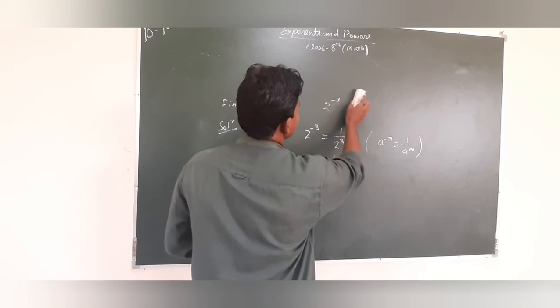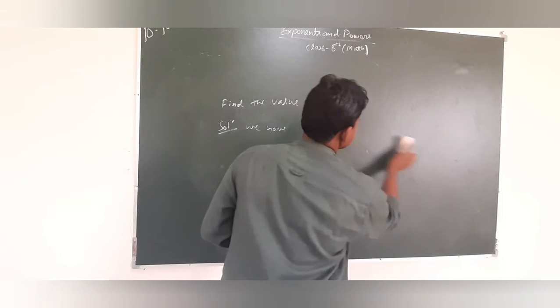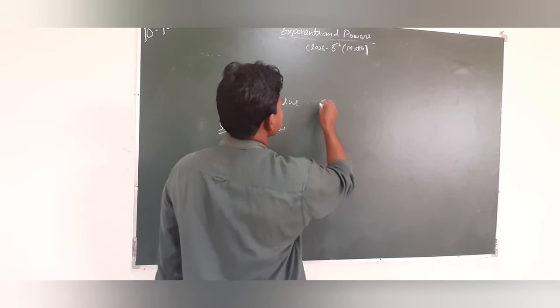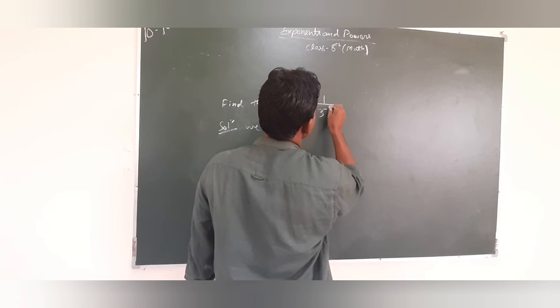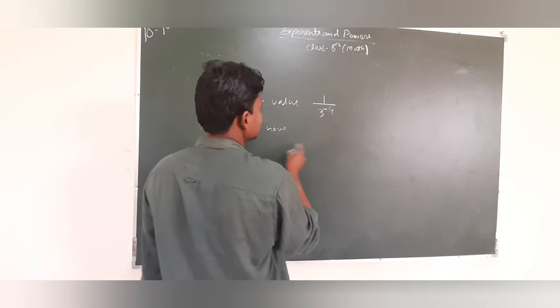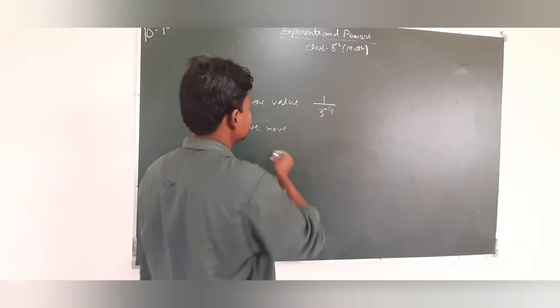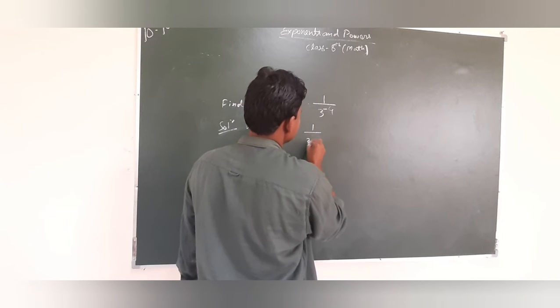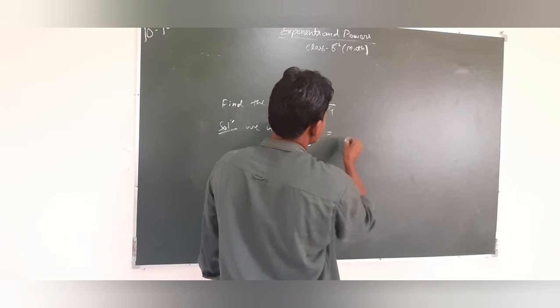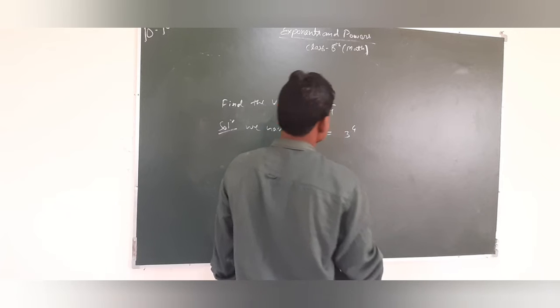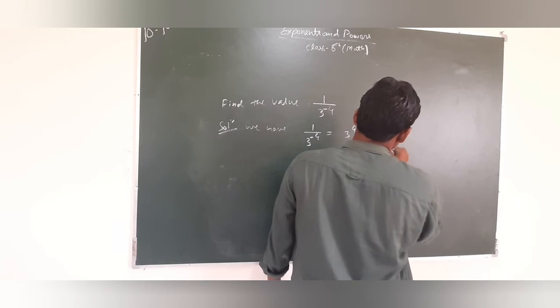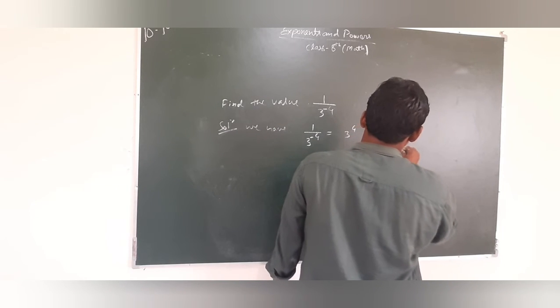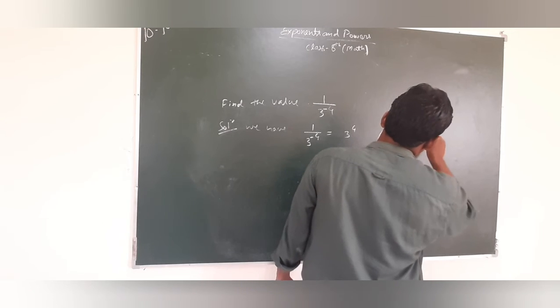Next, find the value of 1 upon 3 to the power minus 4. We have 1 upon 3 to the power minus 4 and can write 3 to the power 4. That means 1 upon a to the power minus m equal to a to the power m.